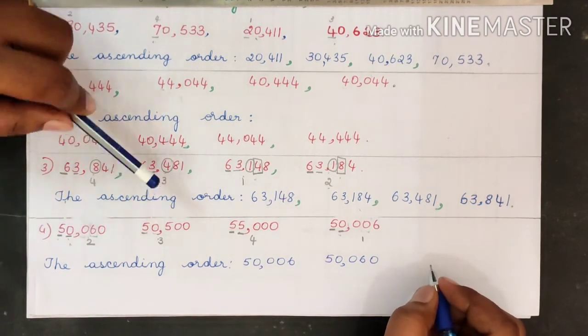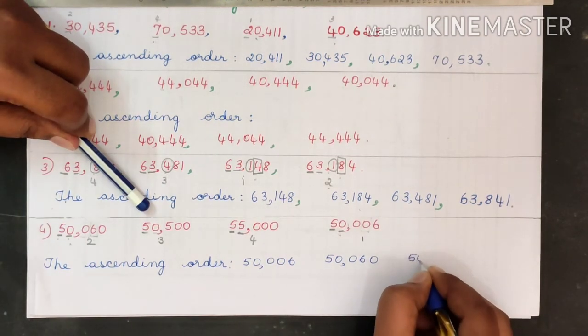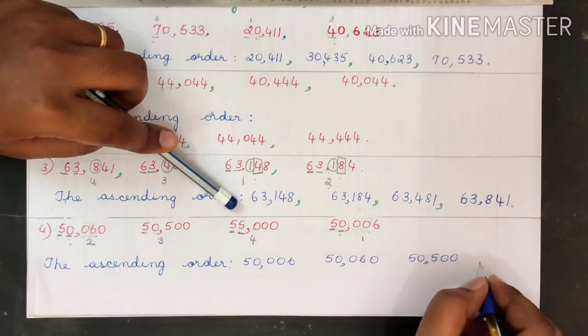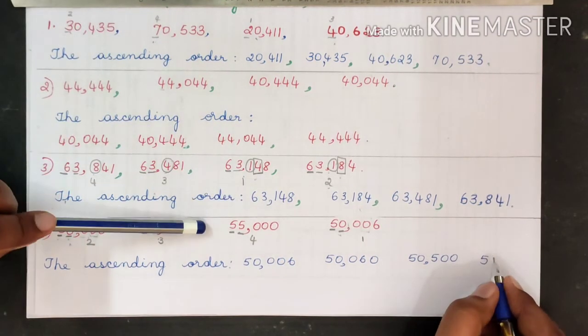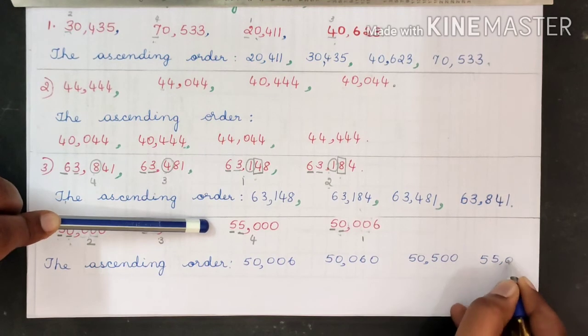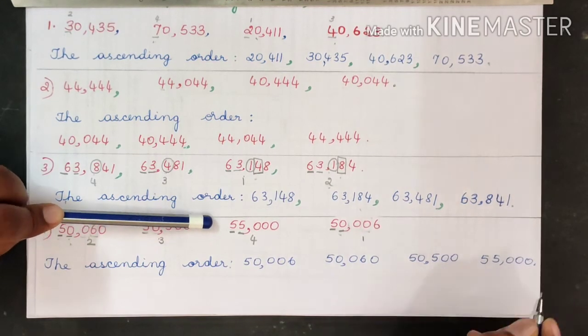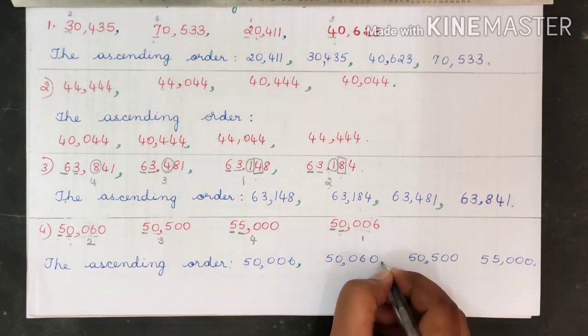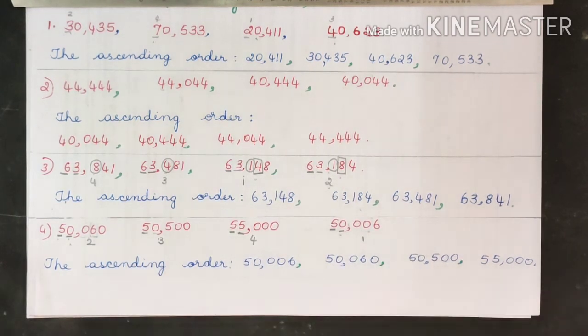Third number 50,500. And last is 55,000. And this is the ascending order. You can separate the numbers using comma. Now let us go to the fifth question.